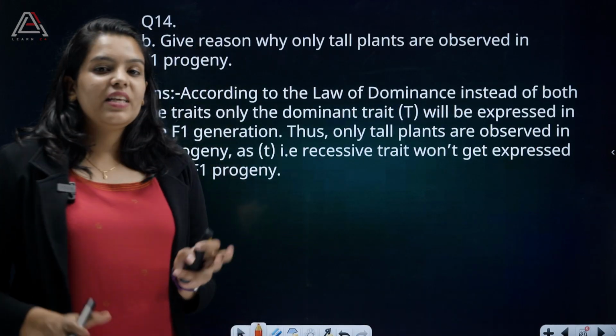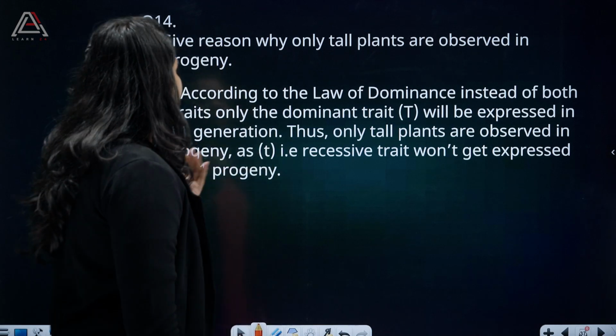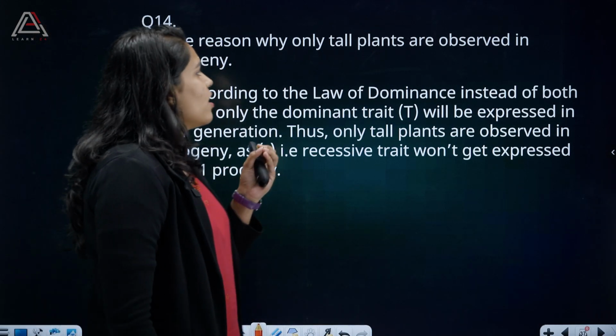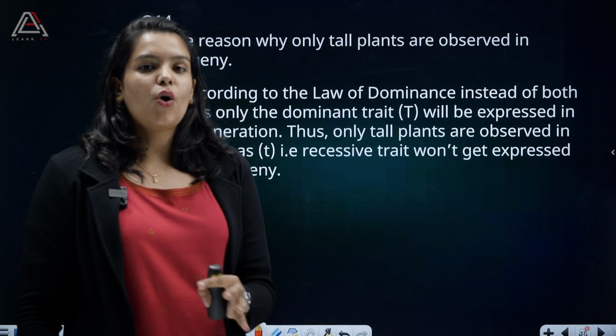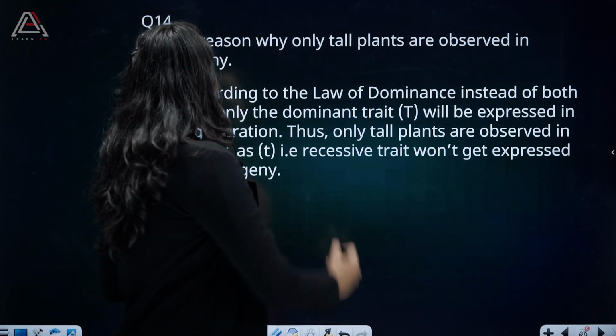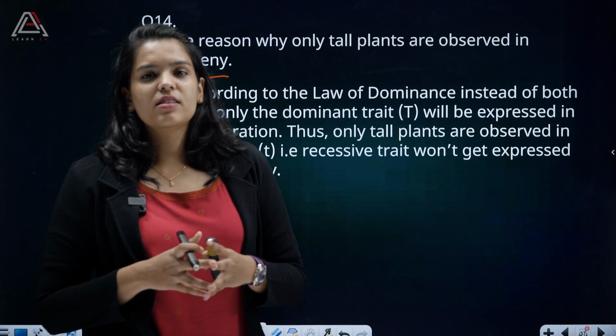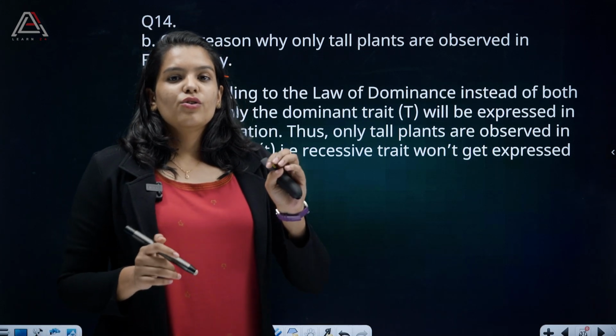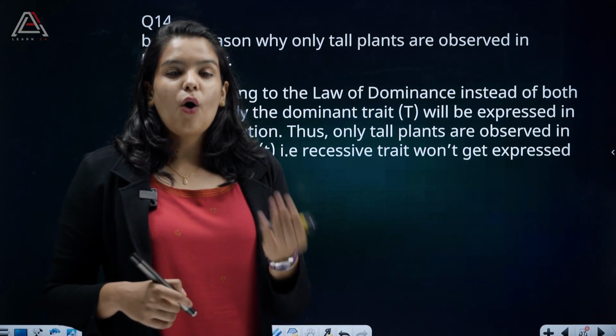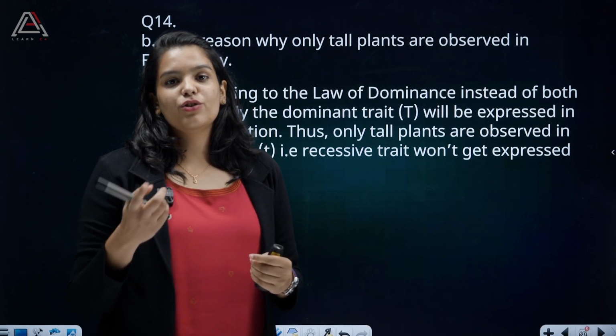Moving on to the B part of this question, they have asked to give reasons why only tall pea plants can be observed in the F1 progeny. So you have studied the law of dominance in the Heredity and Evolution chapter, right?